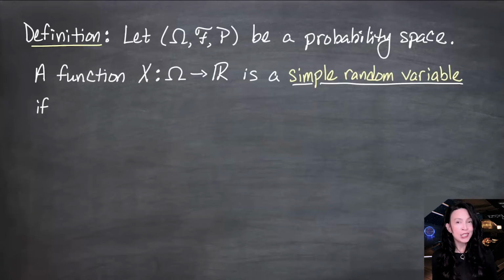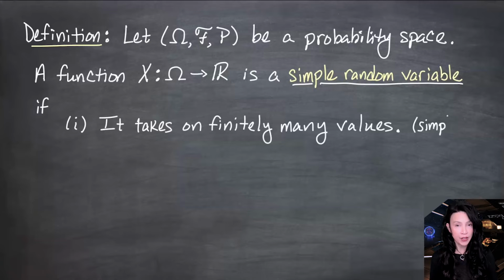If you have a probability space consisting of a non-empty set omega, a sigma field curly F, and a probability measure P, a function X from omega to R is defined to be a simple random variable if 2 properties hold. So number 1, it needs to take on only a finite number of values.